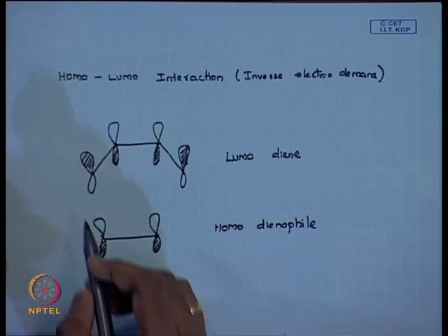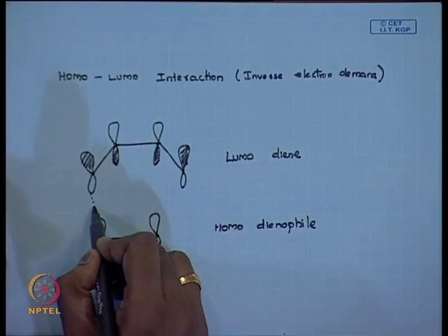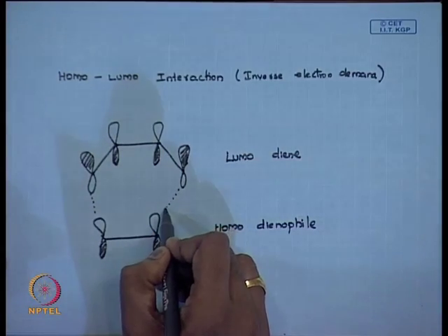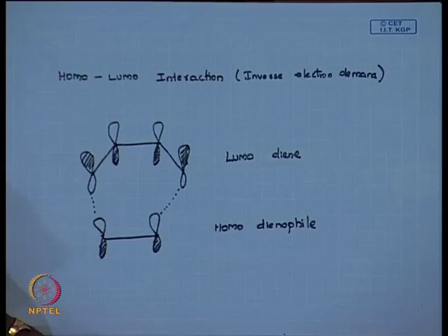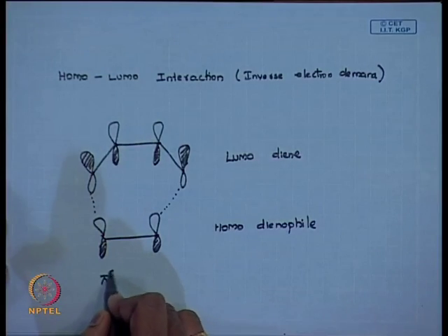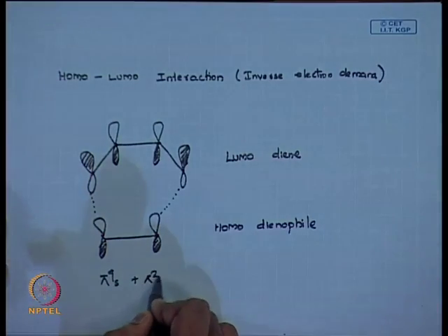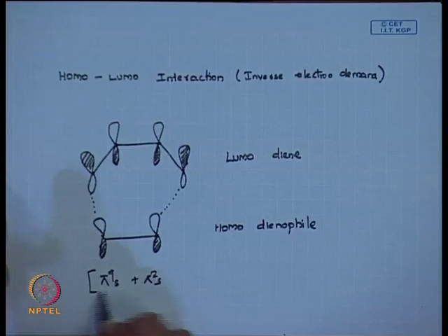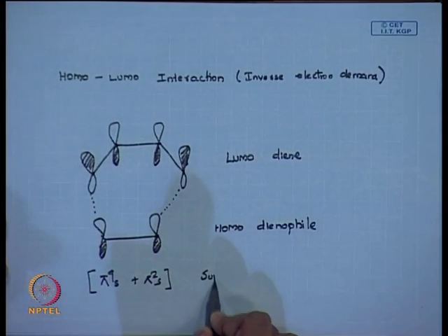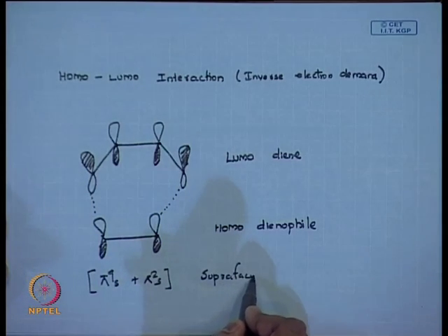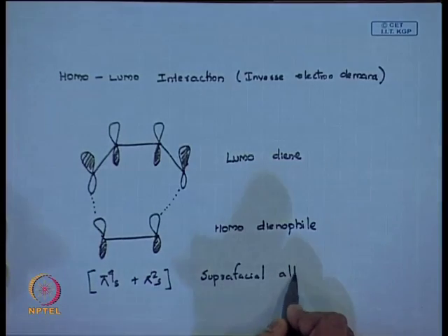now you can see again it is allowed suprafacially. You can again have a pi 4s plus pi 2s, so it is suprafacially allowed.